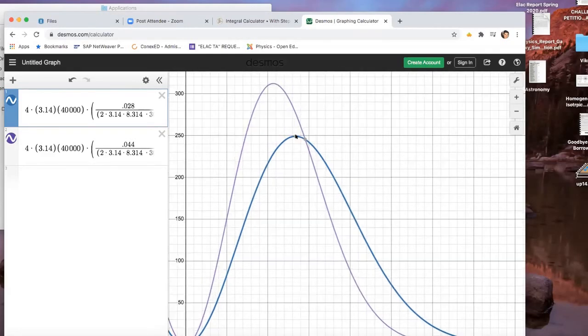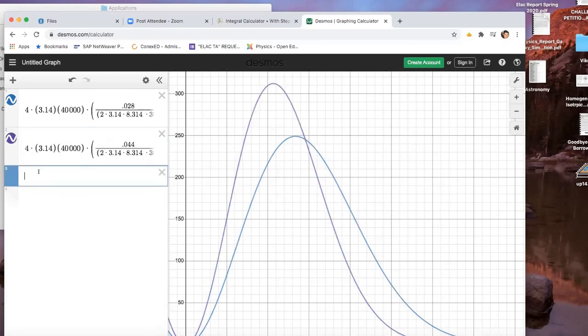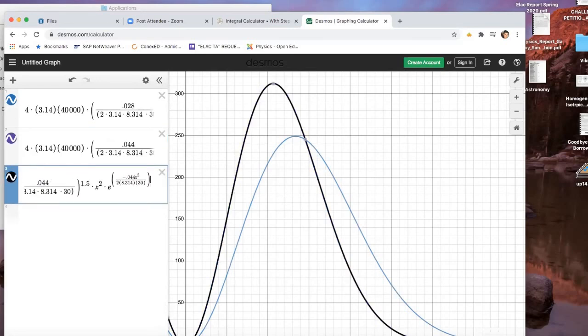So you see, you can change any factor. Once you got this equation, you can change any factor that you like and see how that affects it. You could also change, let's say, just the number of particles. Then the only thing that would change is the 40,000.